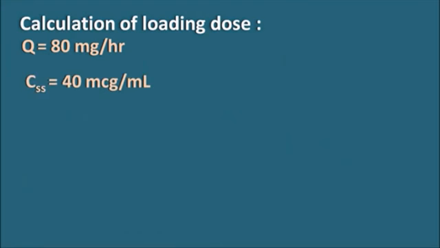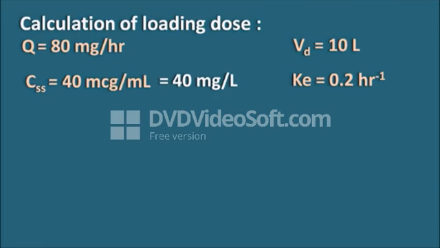So the CSS will become 40 mg per liter. Multiplying by 1000, microgram is converted into mg and ml is converted into liter. So as per the first equation, XL equals CSS into VD, so XL equals 40 into 10. So it will become 400 milligram.